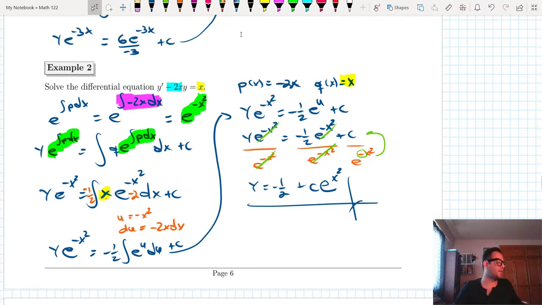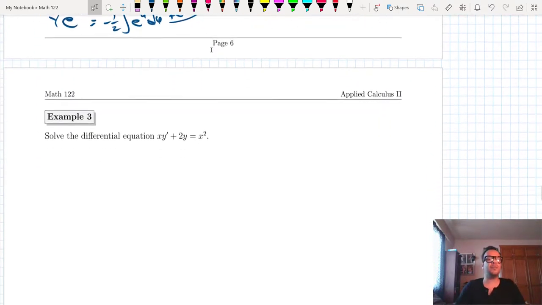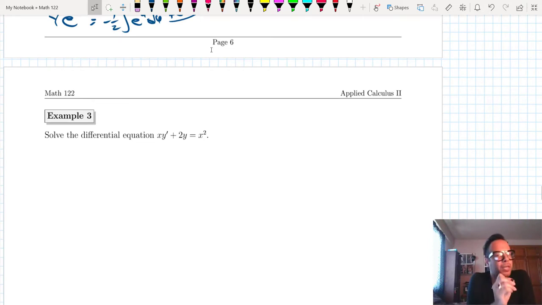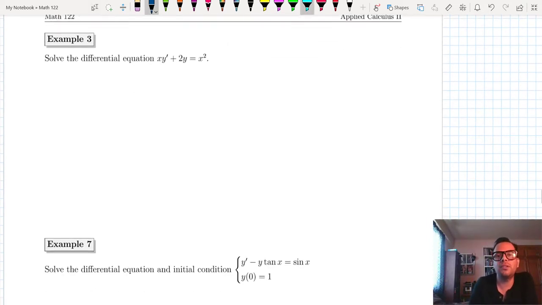Okay, let me do another example, an example in which the equation is not written in the correct form. How do we know it's not in the correct form? Because notice the leading term, x y prime. We need to have y prime by itself with no factors other than that invisible one.